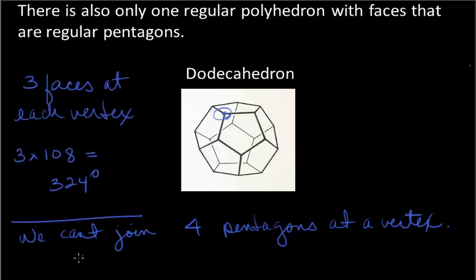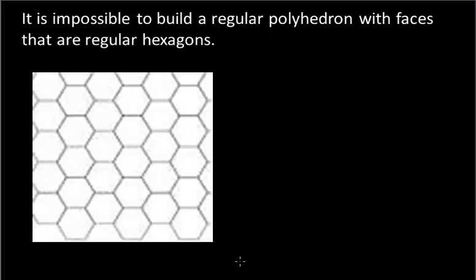Well, because 4 times 108 is bigger than 360 degrees. So, of course, we're not getting the 3D effect. We have to have the total number of degrees less than 360. So far we have 5 regular polyhedrons, 3 made with triangles, 1 made with squares, 1 made with pentagons.